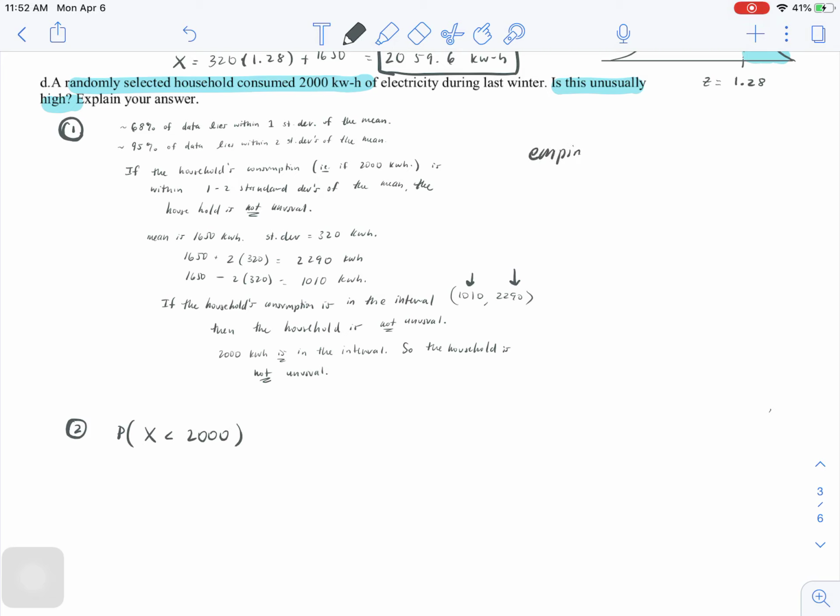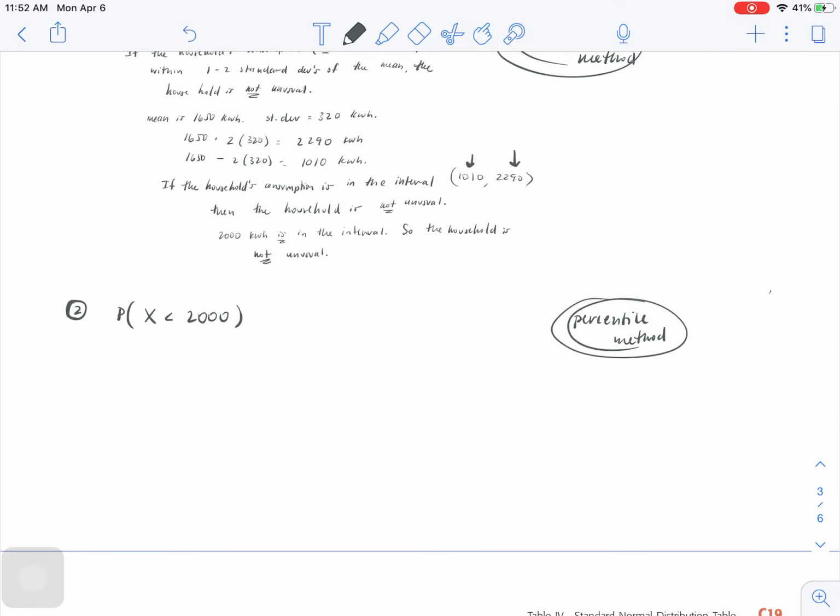I'll call this first method the empirical rule method, and I'll call this method the percentile method. So we want to find what percentile our observation is at, figuring out what percentage of observations lie below it.